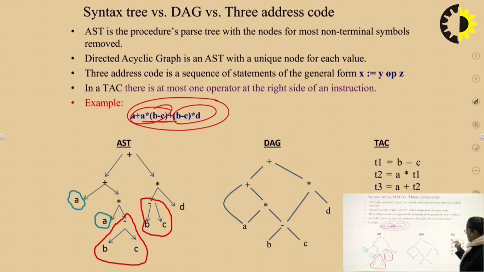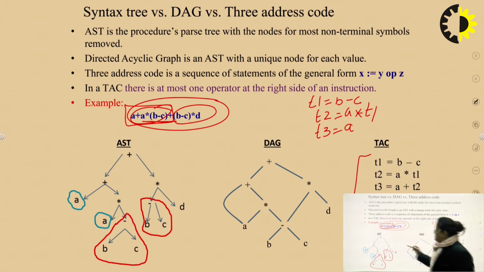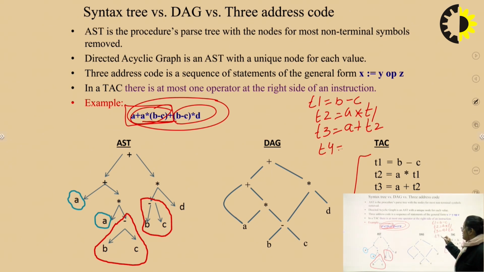The three address statement for that particular example is this: t1 equals b minus c, okay, and t2 equals a multiply t1, then t3 equals a plus t2, then t4 equals b minus c, and b minus c is already in t1, so t1 multiply d, then t5 equals t3 plus t4.